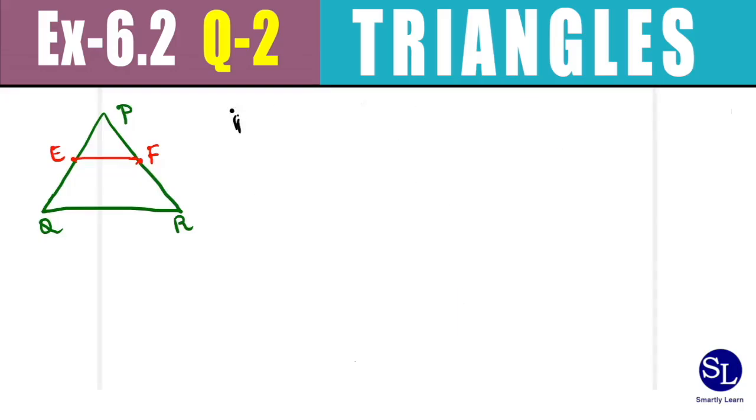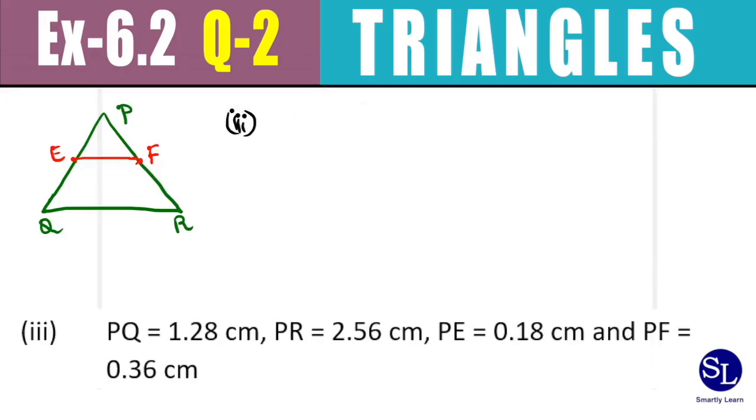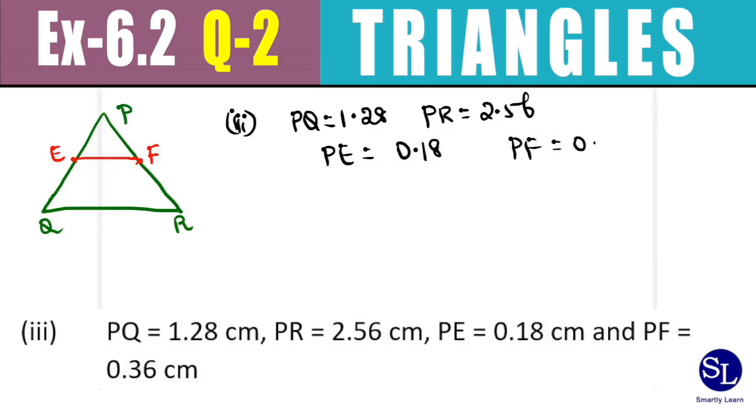Now let's look at the third case. In the third case, PQ is given as 1.28, PR is given as 2.56, PE is given as 0.18, and PF is given as 0.36 centimeters.